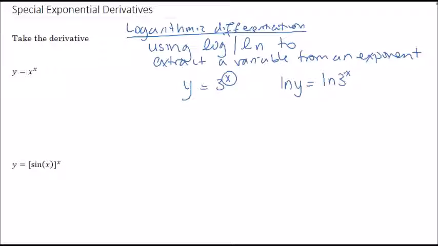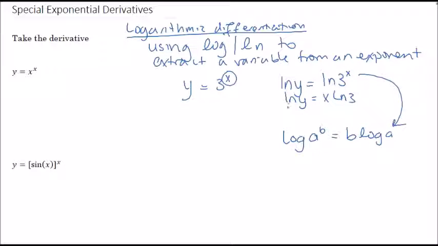What this allows us to do is, if we remember, the log of a to the b is the same thing as b log of a. It's one of our log laws. So I can now rewrite this as ln of y is x ln of 3.